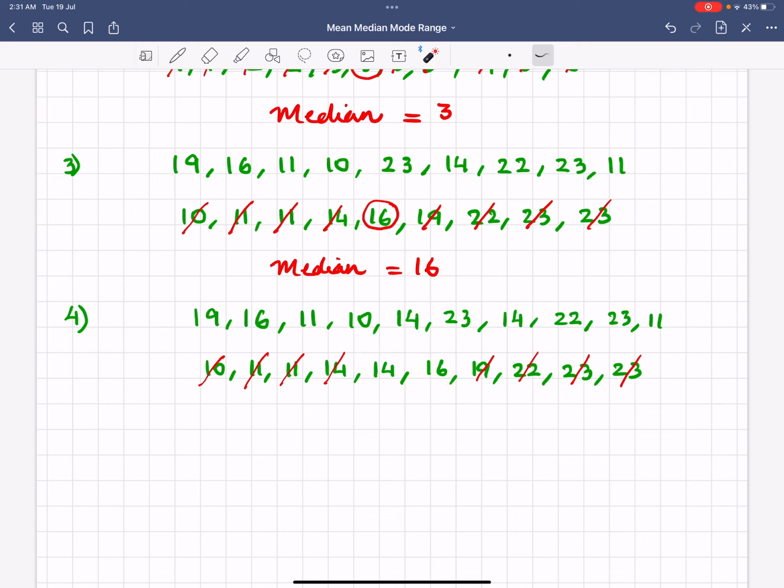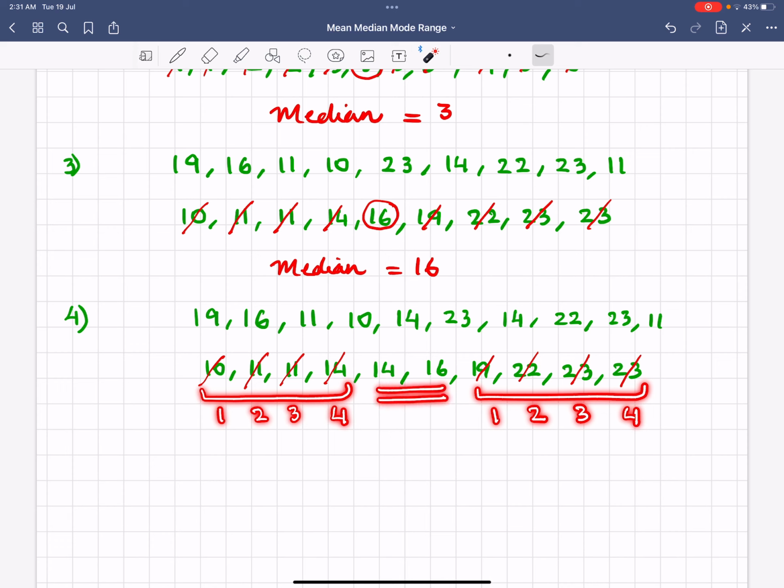As we can see, we have 4 numbers to the left and 4 numbers to the right. Therefore, we are left with 2 numbers in the center or 2 numbers in between.